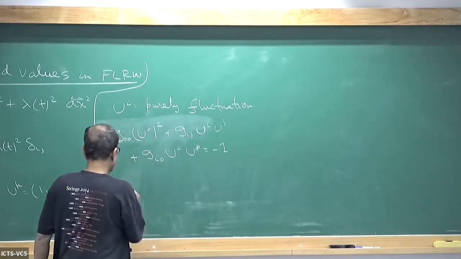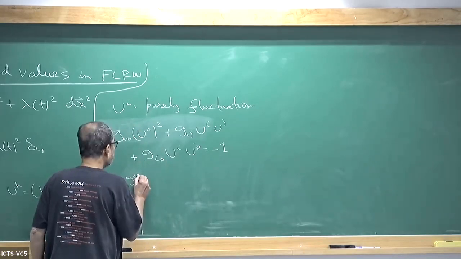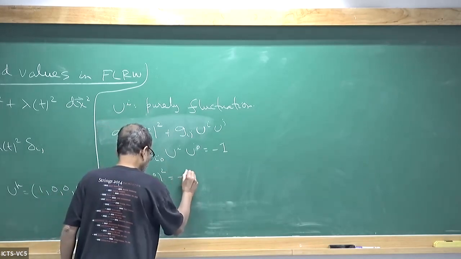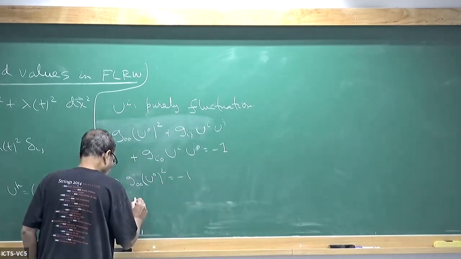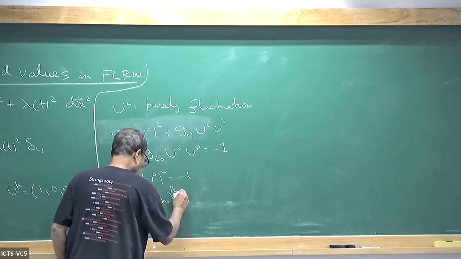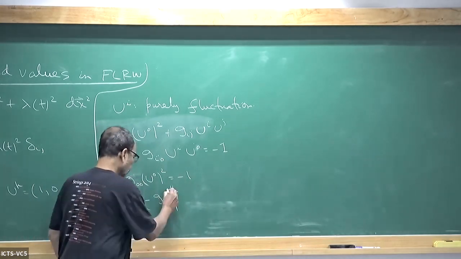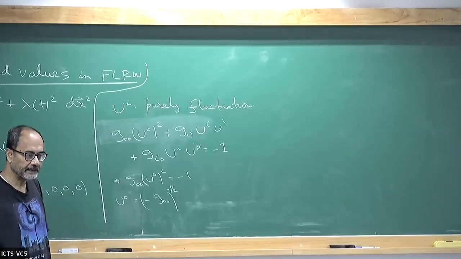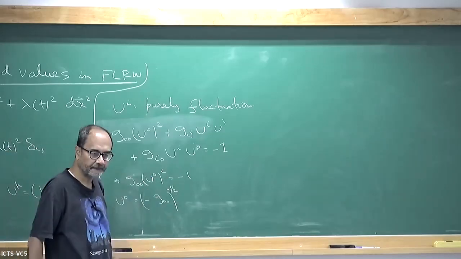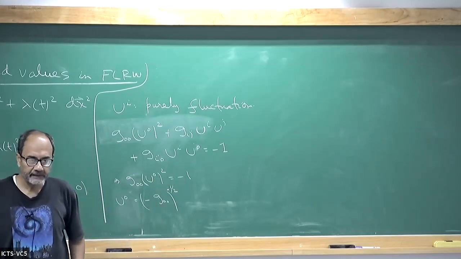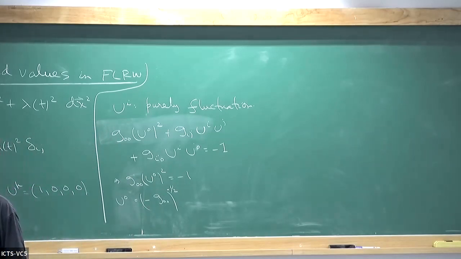So we can write this as G00 U0 squared equal to minus 1, or U0 equals minus G00 to the power minus half. Gi0 is linear in fluctuation, and Ui is linear in fluctuation, so these are all quadratic. So this gives you U0 equal to minus G00 to the minus half. G00 I had already parameterized, so there is nothing new to parameterize there.